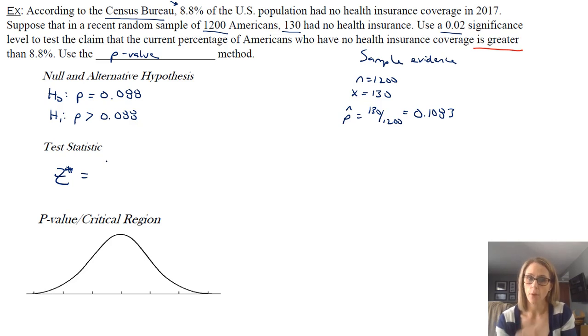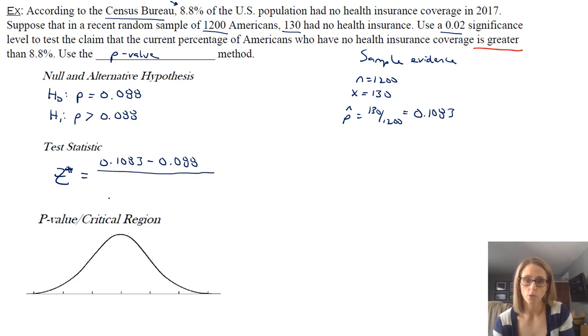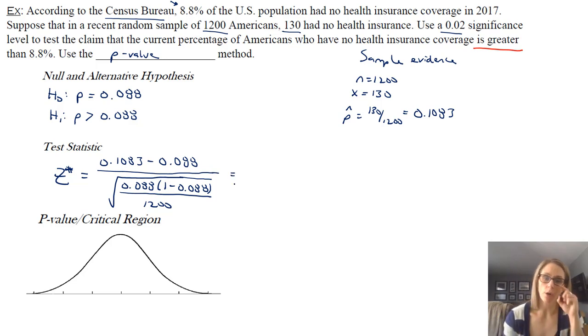As you can see from the formula from the last page, we take our sample data, the p-hat, we subtract the p from the old idea, and then we divide by the square root of p, which is 0.088, times q, which is just 1 minus 0.088, and you can find that separately if you want. You don't have to put it all together. And we divide that by our n, the number of people that were sampled. So this is a measure of how strong our data is.